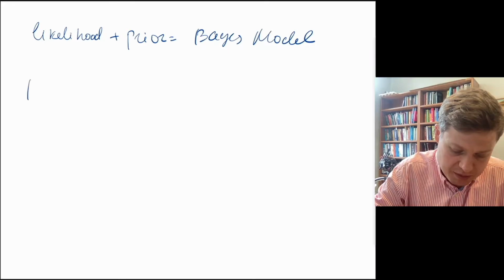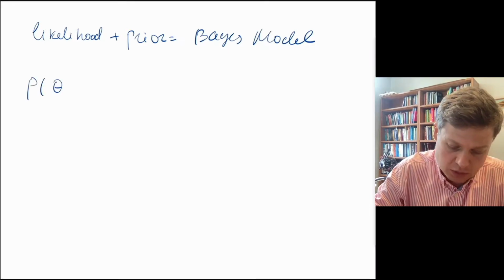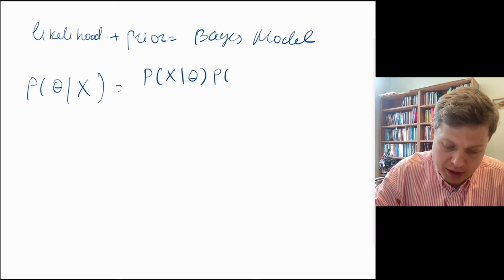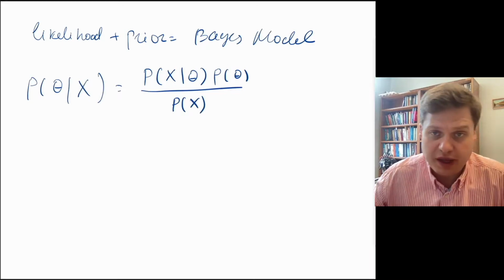So let's say you have parameter theta that you're trying to learn and you want to calculate the posterior given some data set X, and it's just a product of the likelihood and the prior divided by the total probability, or the evidence.